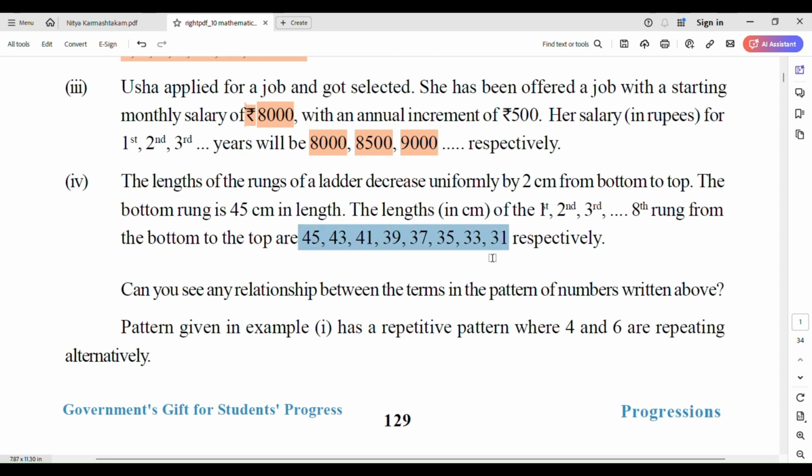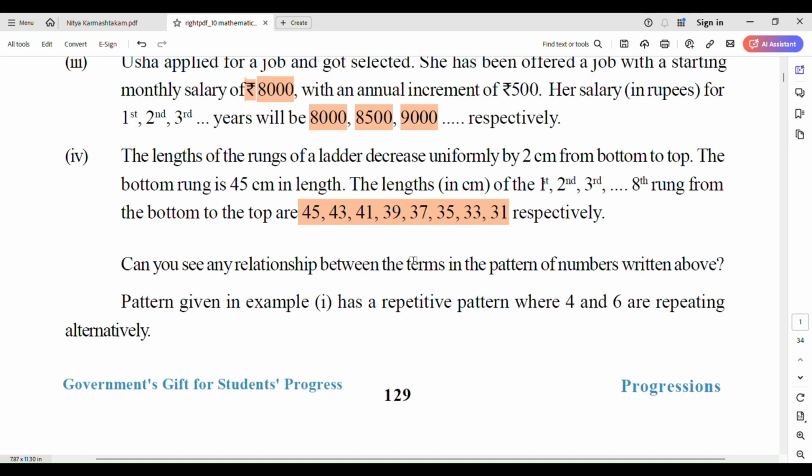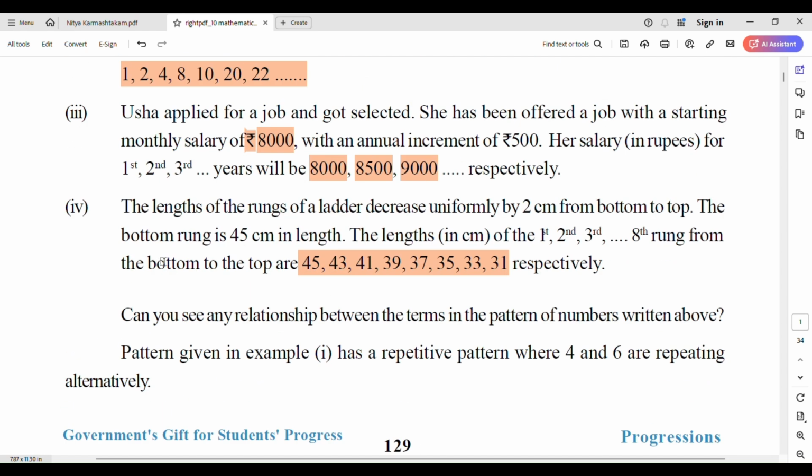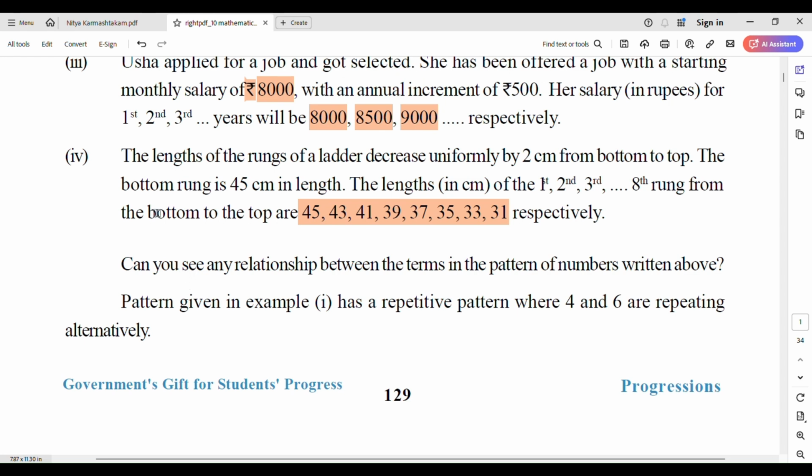So this is a pattern, decreasing by 2, right? We can see a lot of patterns in regular daily problems and in the problems mentioned here as examples.